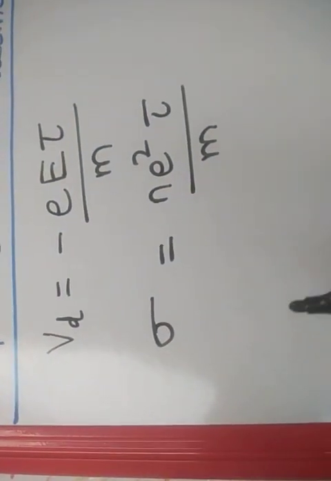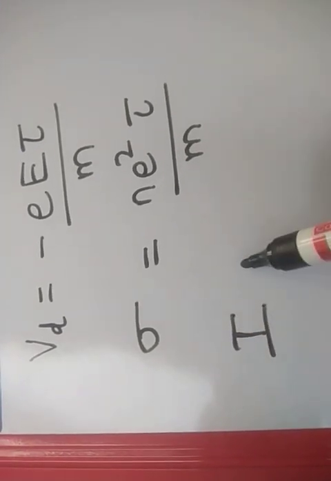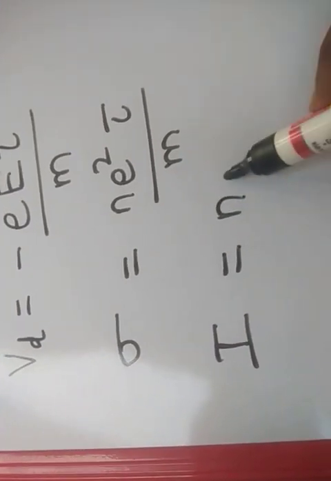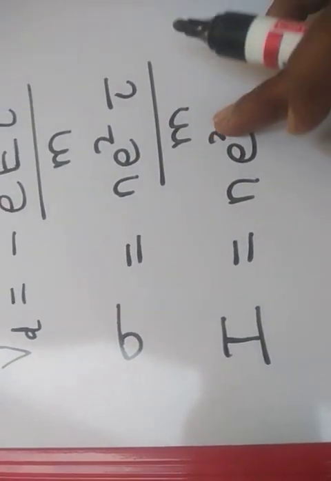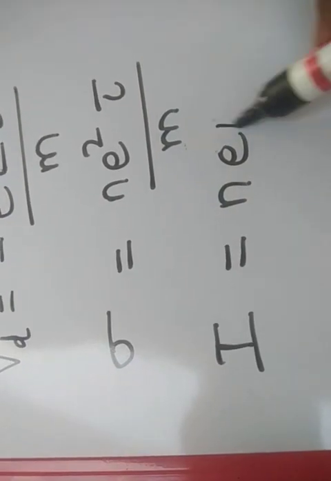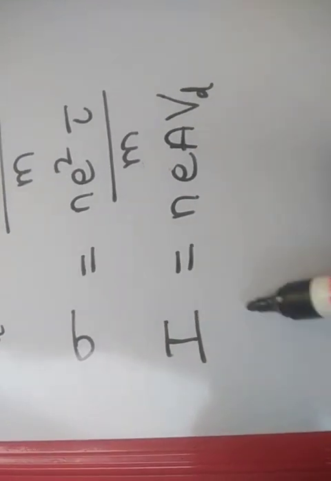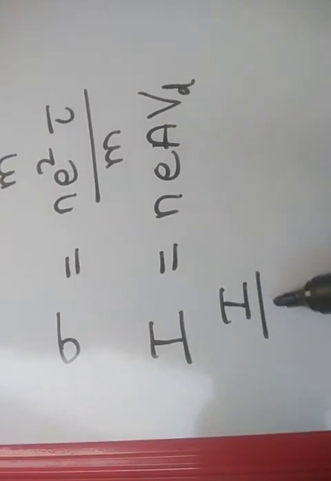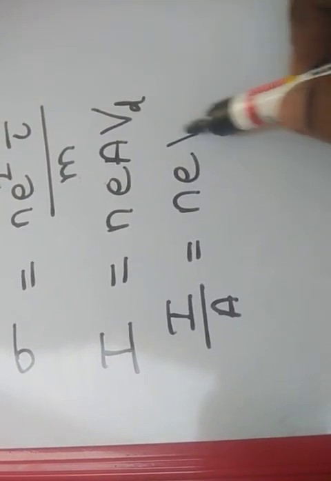So there is a very important question: the relation between the current and drift velocity. I is equal to neAVd, where Vd is the drift velocity and I is the current. If you bring this A here, I/A is the current density, neVd.